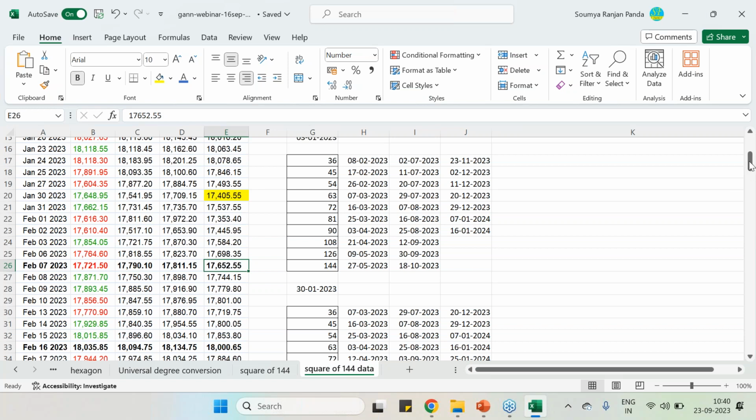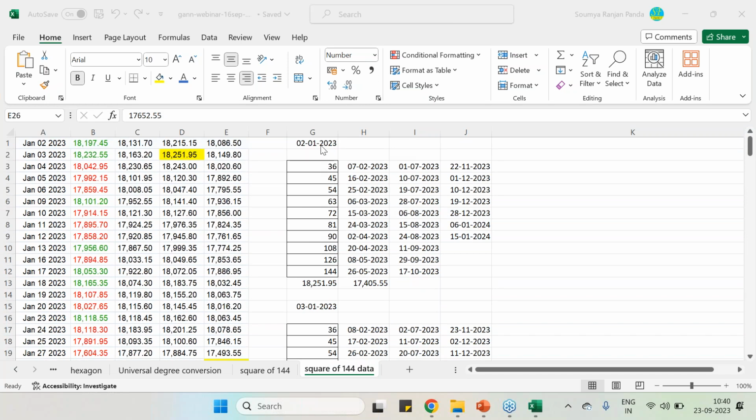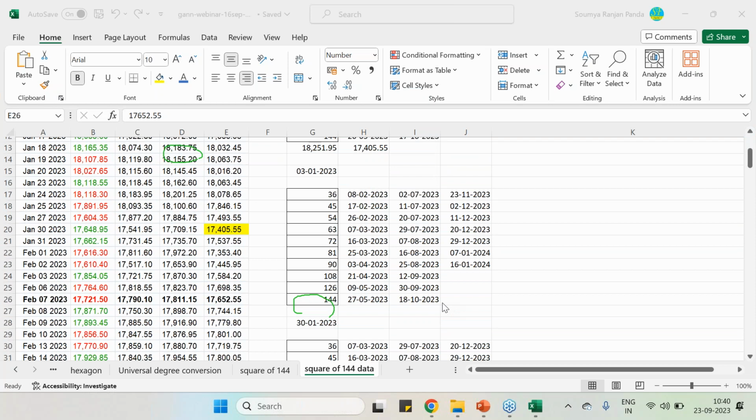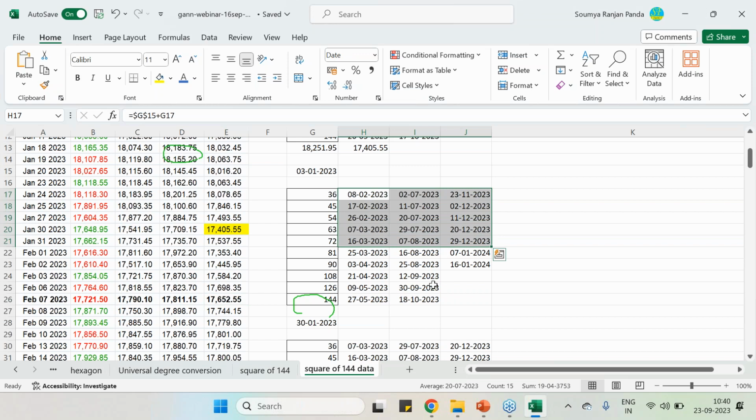I can find the trend change dates from the first day of the year, so I can get the long-term trend change dates for the entire year. Or from the day the low was found, this is 3rd January, the low was found. Taking 3rd January, the same process, 36 calendar days from 3rd January, I can get all these days on which the trend change dates will happen.